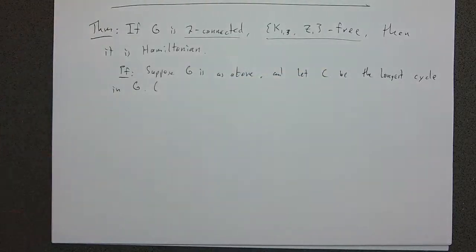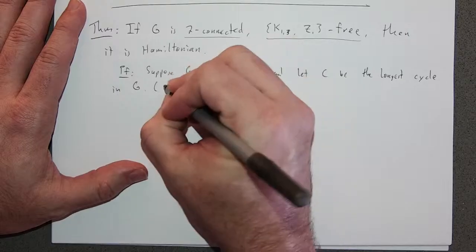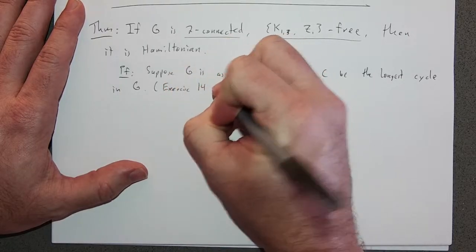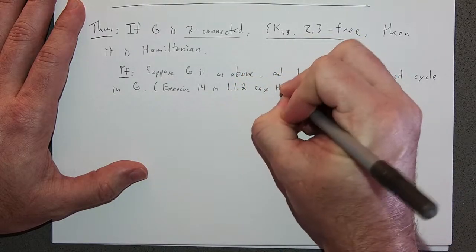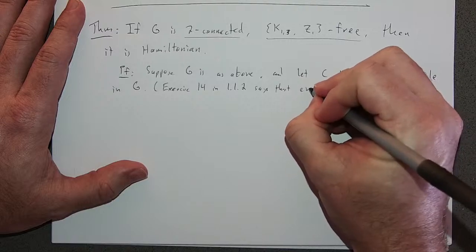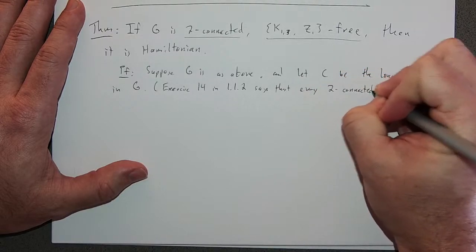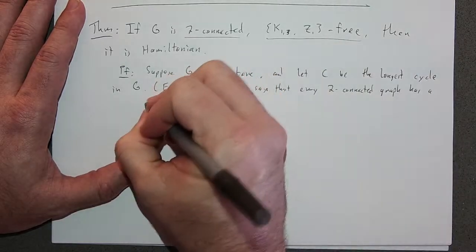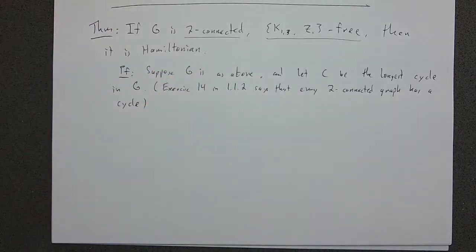This is actually exercise 14 in section 1.1.2, which says that every two-connected graph has a cycle, at least one. So if you are two connected, you are guaranteed to have at least one cycle.